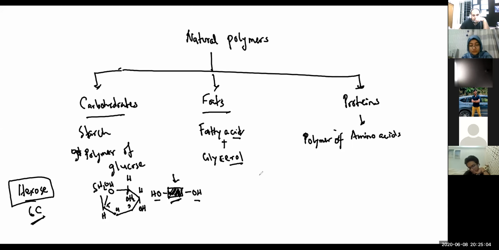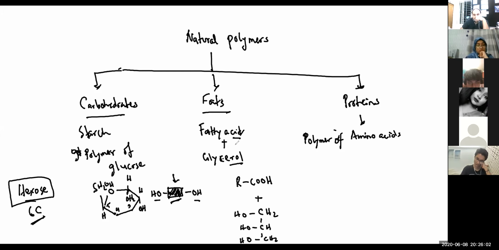Fatty acid আমাদের fatty acid with a triol. So this is also known as glycerol.